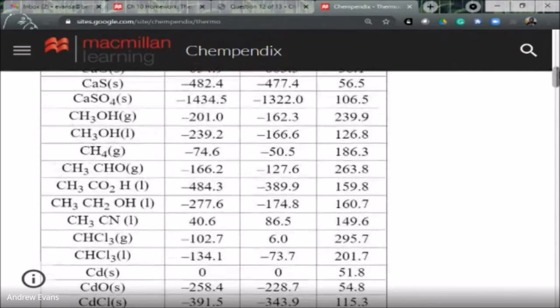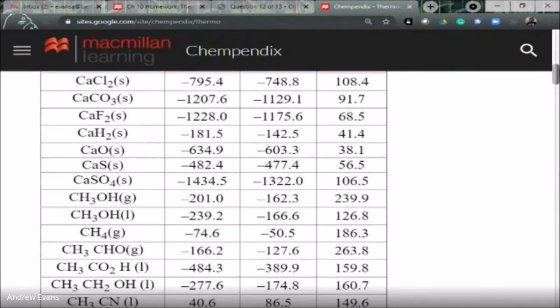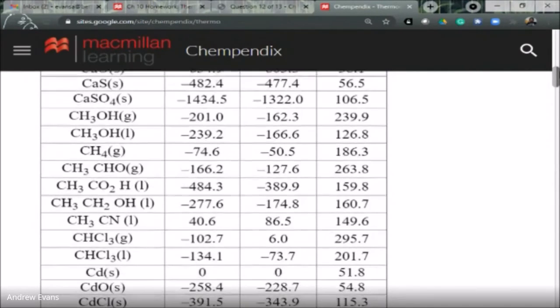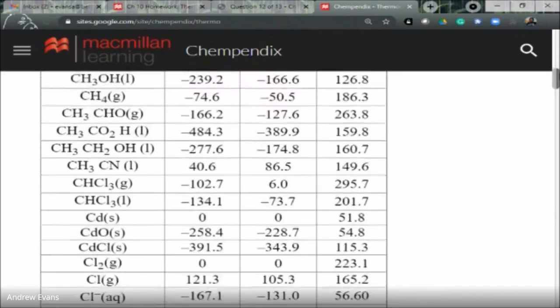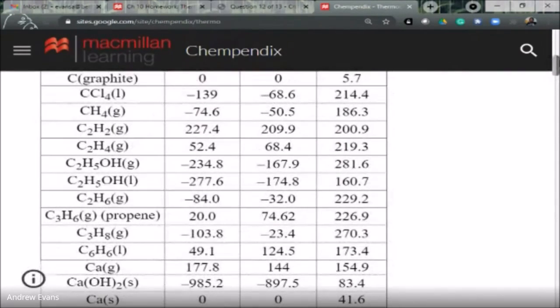C2H6. Or do they not have it? Let's see. No, here it is. C2H6 is -84. Oxygen is 0.